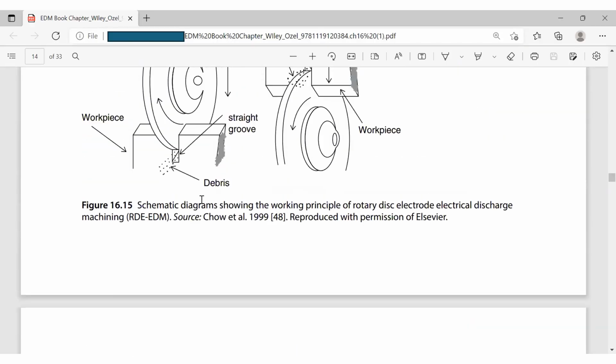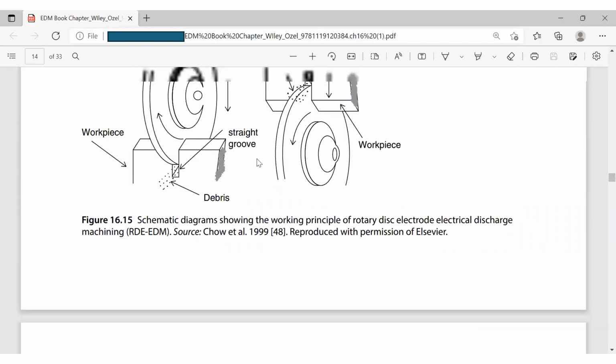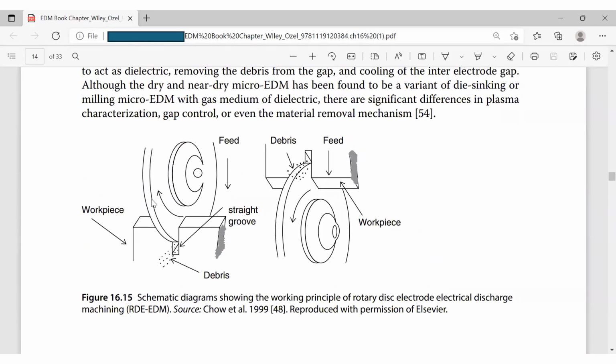This is a rotary disc. It works as an electrode. So this electrode discharges. Here, this disc is rotating and can also be fed in this direction. So this is the straight groove, and this is debris, and this is a workpiece.